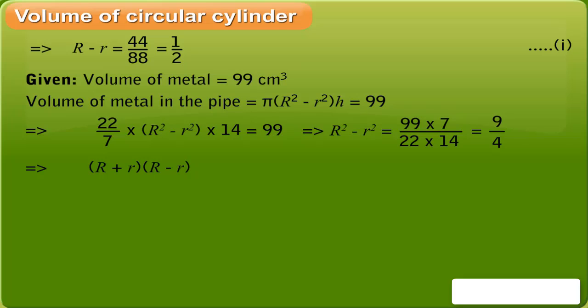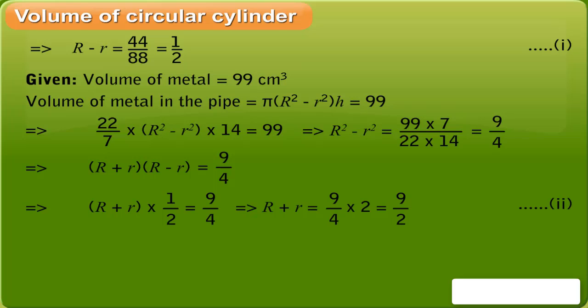This implies for capital R square minus small r square we can write capital R plus small r into capital R minus small r is equal to 9 by 4. This implies putting the value of capital R minus small r using first, capital R plus small r into 1 by 2 is equal to 9 by 4.